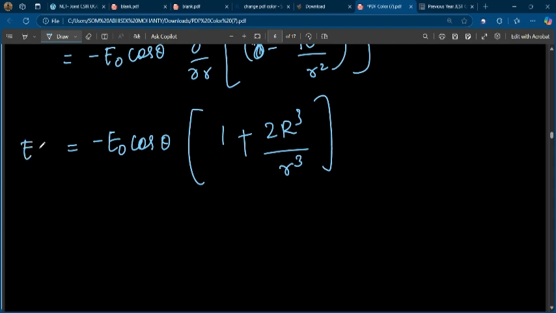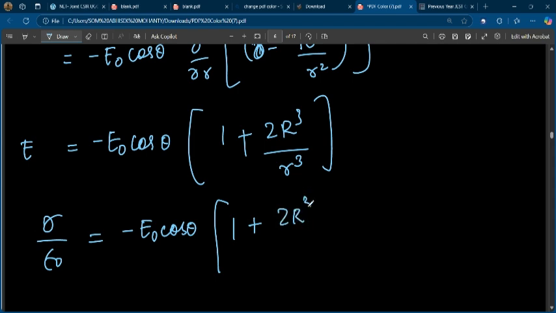This is E surface, or E outside. We equate it to sigma by epsilon naught: sigma by epsilon naught is equal to minus E naught cos theta times (1 plus 2 R cubed by r cubed).